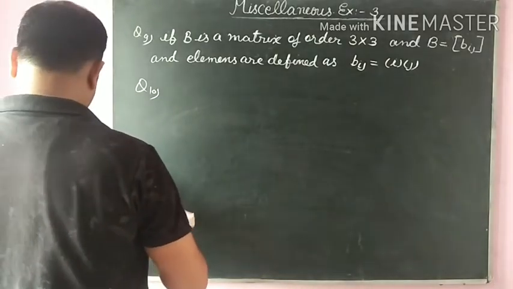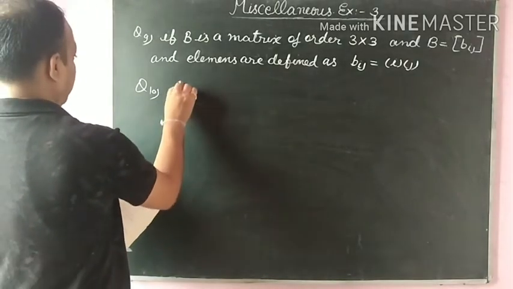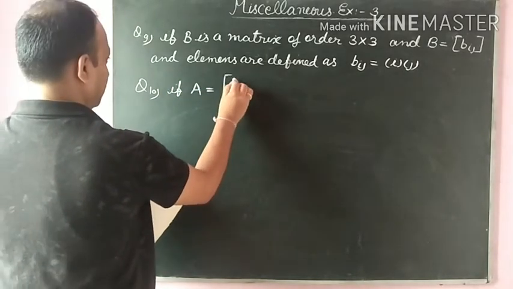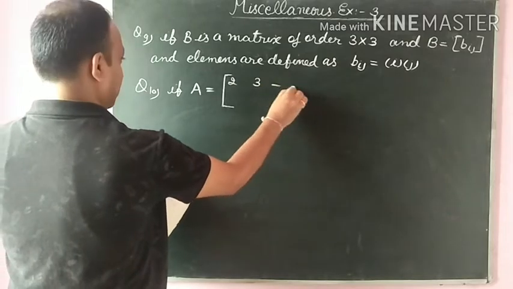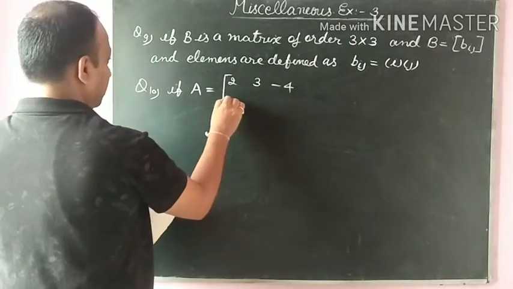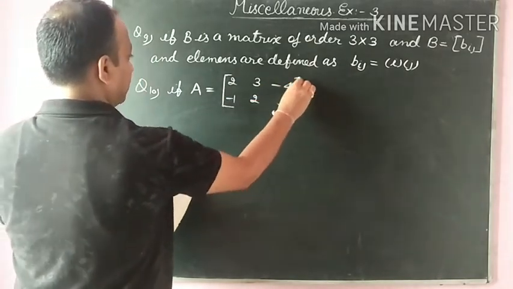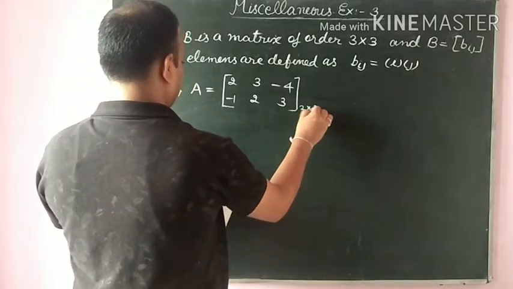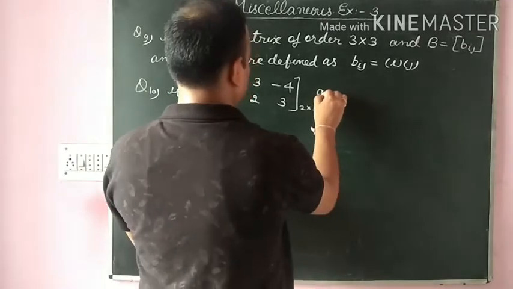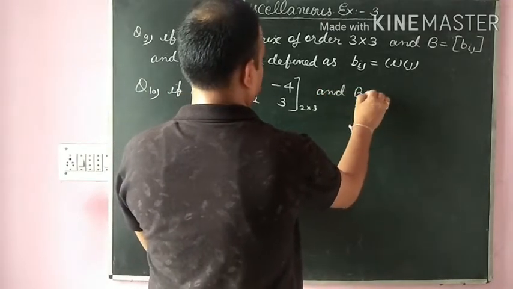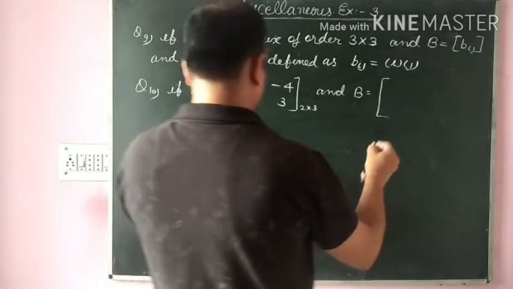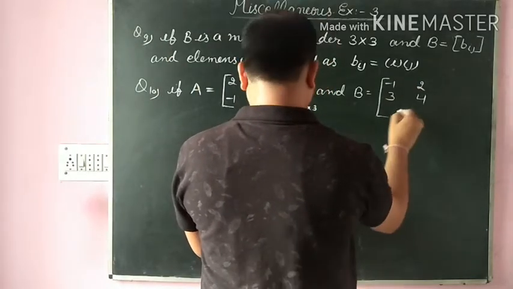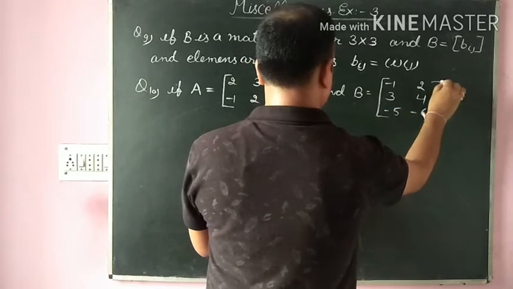The question number 10 is, if A equals 2, 3 and minus 4, minus 1, 2 and 3. This is the matrix of order 2 by 3, and the matrix B is minus 1, 2, 3, 4, minus 5 and minus 6.